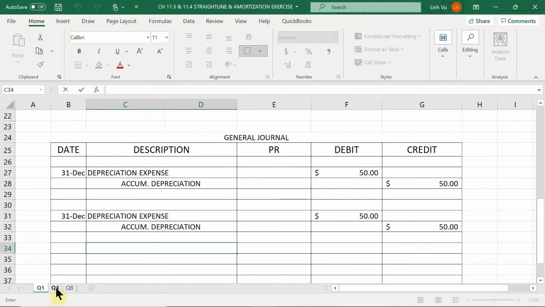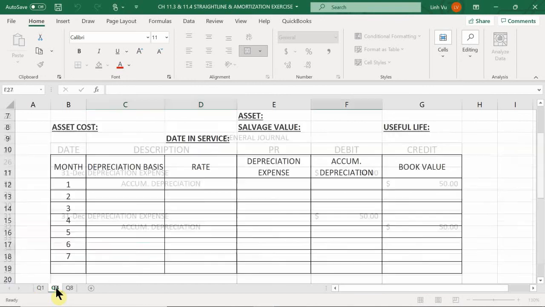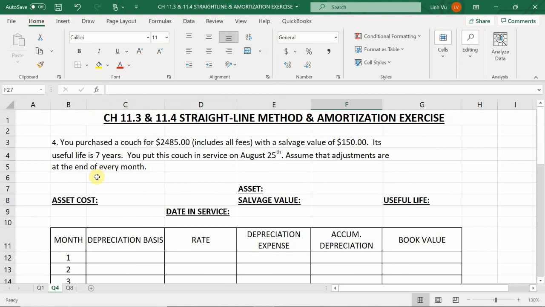Okay. You ready for question 4? Yes. Okay. So this is dealing with partial years. Now let's take a look at this one. Let's read it carefully, okay? You purchase a couch for $2,485, which includes all fees and taxes and shipping, whatever, okay?